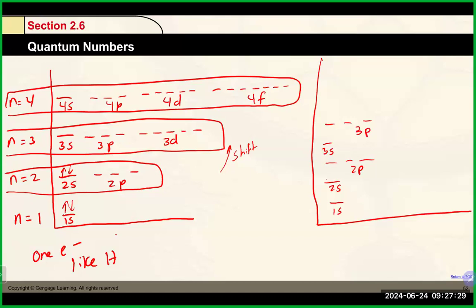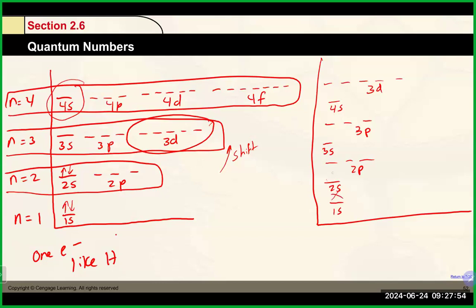And right around here is where there's a major switch that occurs, which is the 4s and the 3d. They switch in terms of energy. It's actually the 4s that becomes lower in energy, and the 3d is higher in energy. And that's going to affect the way the electrons go in.